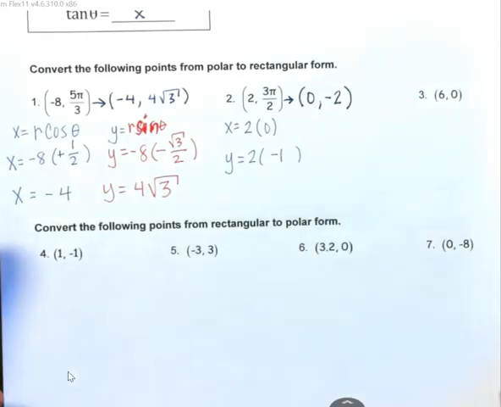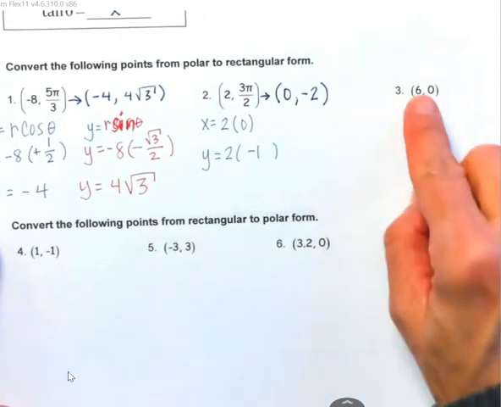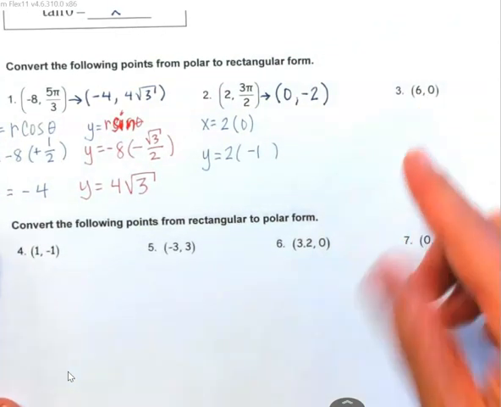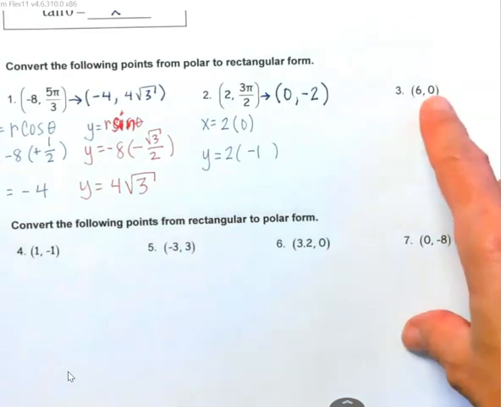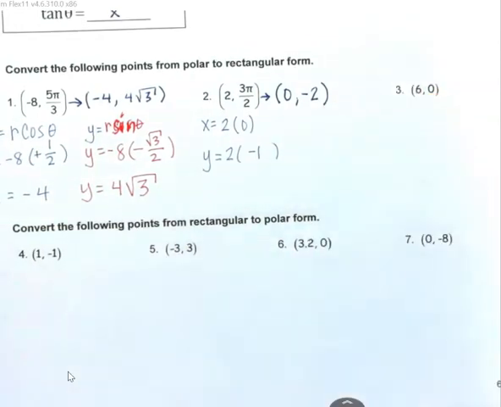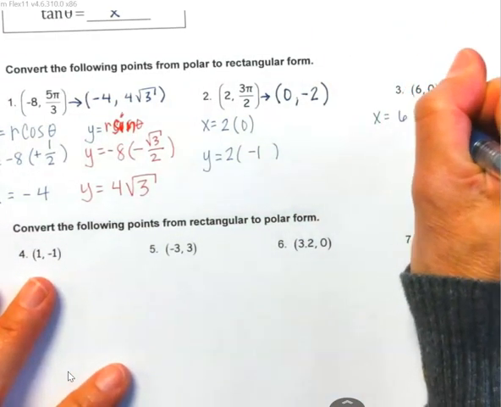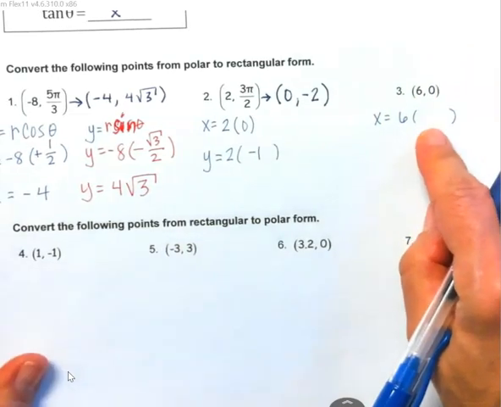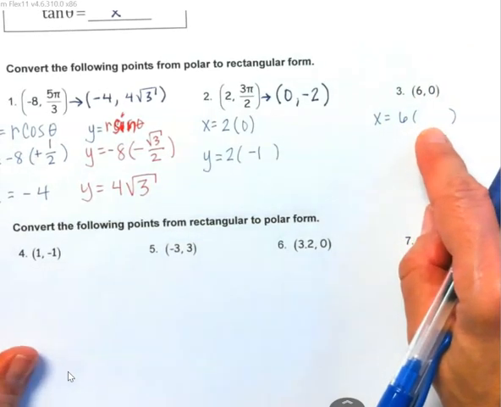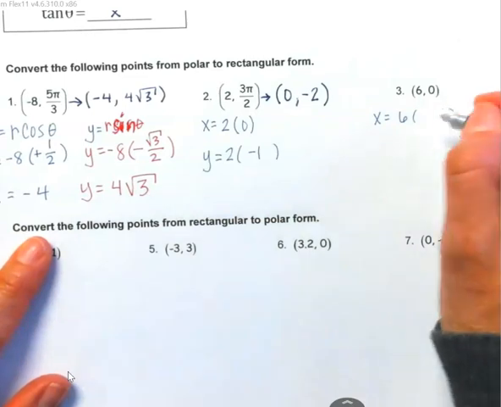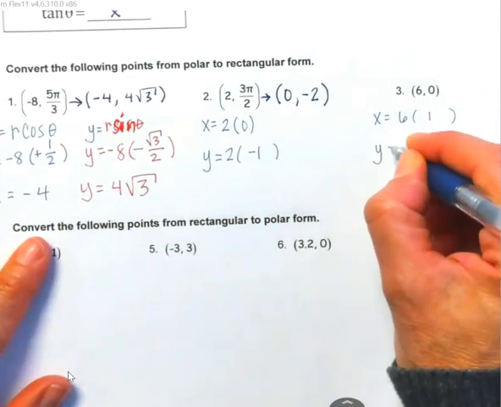All right, one more for this kind. We are going to convert 0 to rectangular form. So that 0 stands for 0 degrees. That's the beginning of the unit circle, y'all. So here we go. X is going to be 6 times, what's the cosine value for 0 degrees? It is 1. What's the sine value?